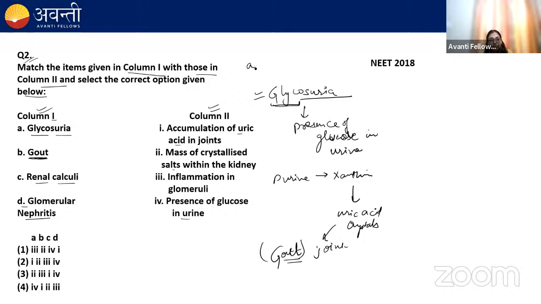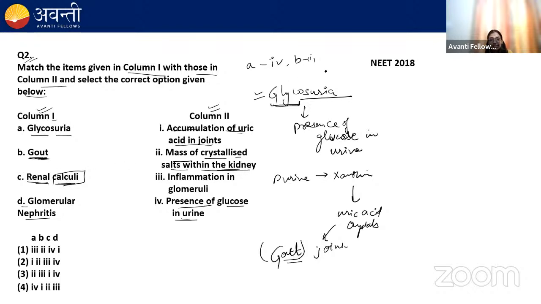So A is fourth, which shows the presence of glucose in urine. B, gout, is the accumulation of uric acid in joints, so B is 1. Renal calculi is very easy. Calculi means crystals of calcium oxalate. So the mass of crystallized salt within the kidney means the kidney stone.